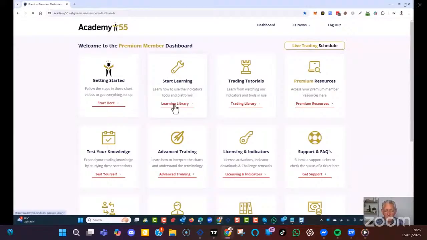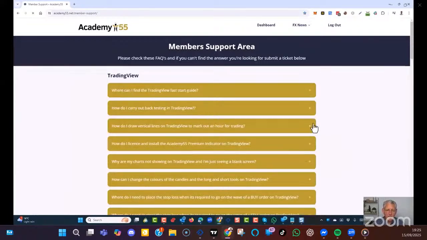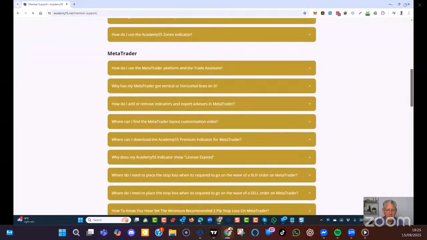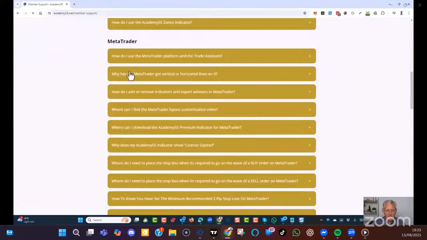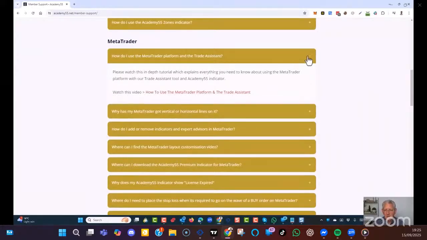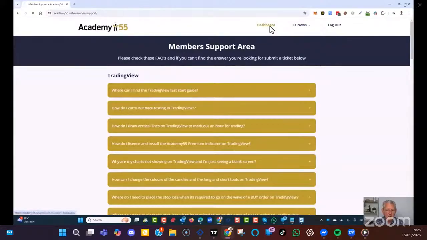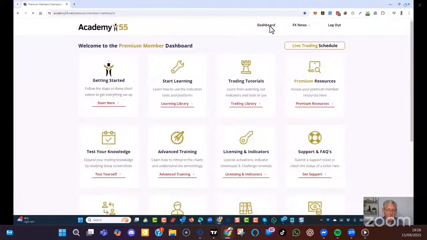One more thing to mention: if you're looking for anything in particular, come down to the support section, click on Get Support, and in this area you'll find a detailed FAQ section. For example, if you're looking for an answer to a question about MetaTrader, have a look through these, and once you click through you'll find direct links to videos that give you answers to most of the questions that we get asked on a regular basis. So hopefully you found this useful, and back to your further training.